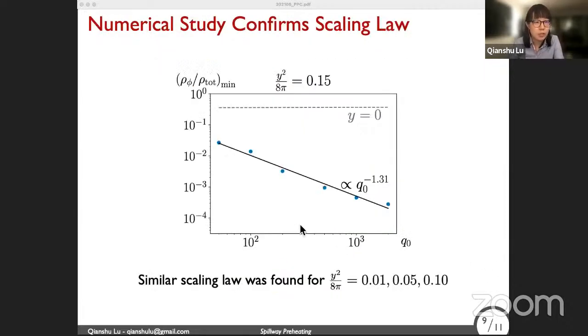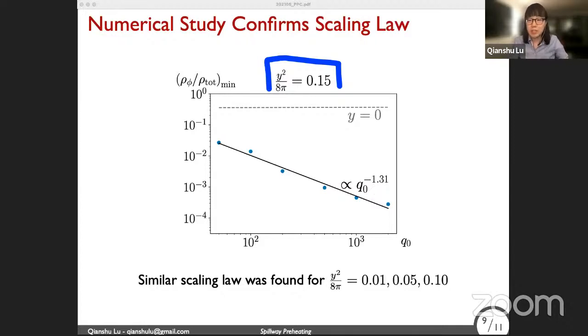Here I'm showing you the residual inflaton energy density as a function of the parameter Q0 for this specific choice of Yukawa couplings. We see that indeed the residual inflaton energy density does follow an inverse power law with Q0. It's just that the power is not -2, it's about -1.3.